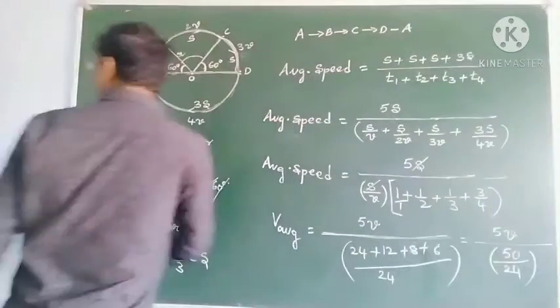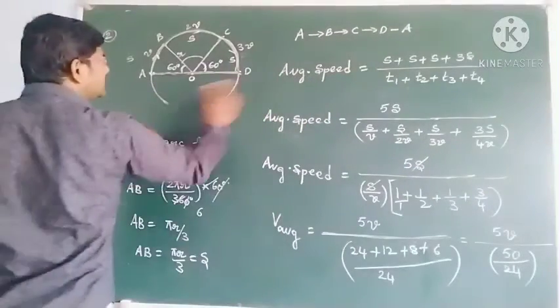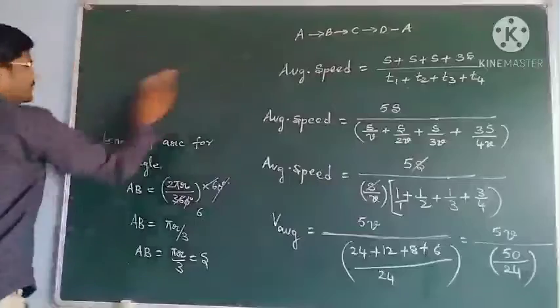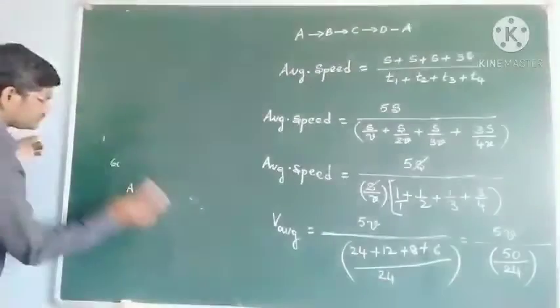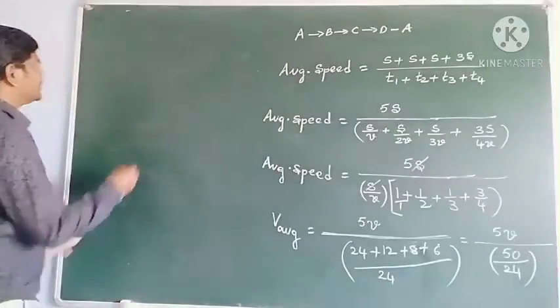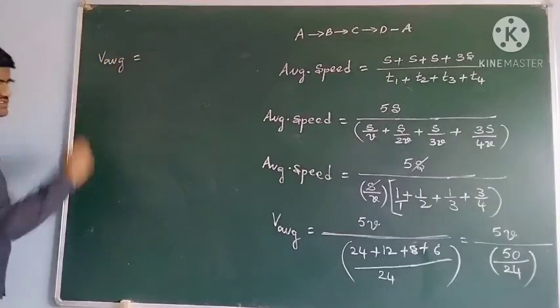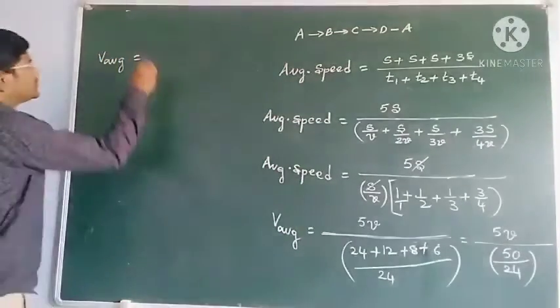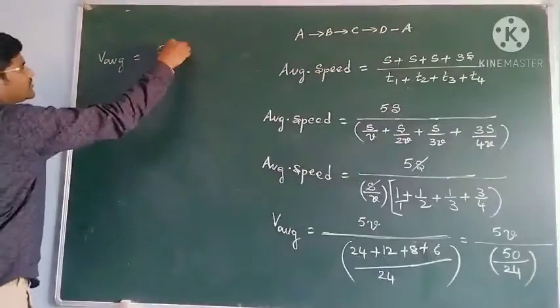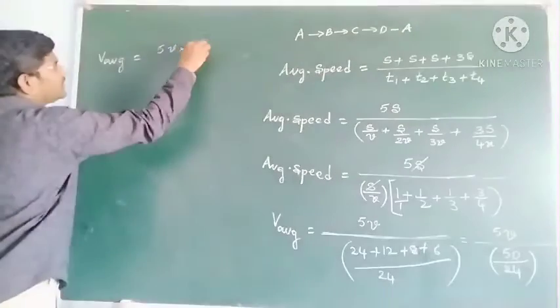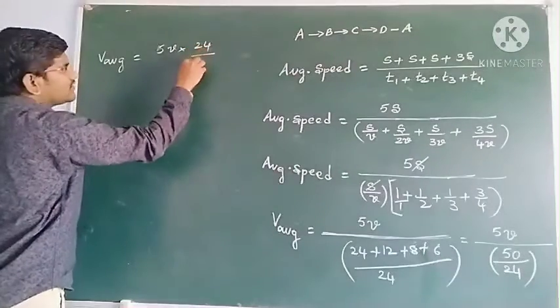Okay, then what will we get, students? Then V average is equal to 5V over... so take the reciprocal of that: 24 by 50.